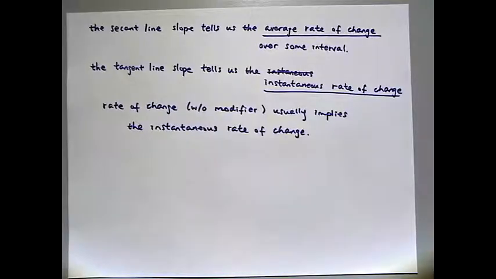Usually we only specify what kind when we're talking about the average. Like when you talk about speed of something, you're always implying that you're talking about the speed at that moment.